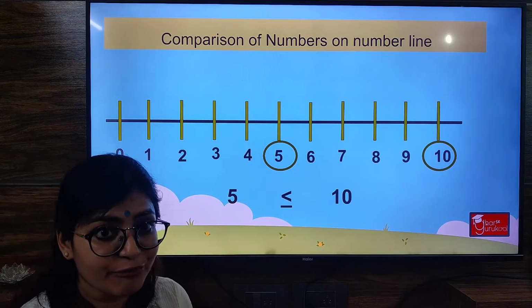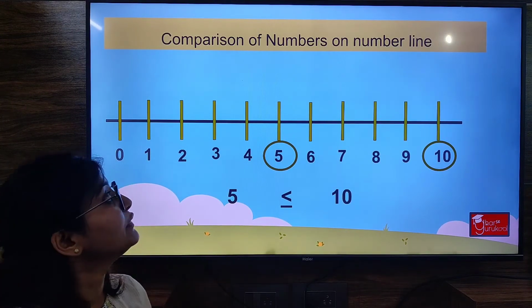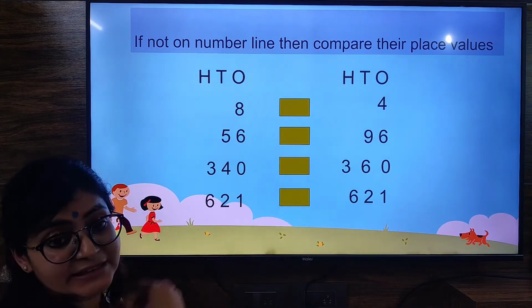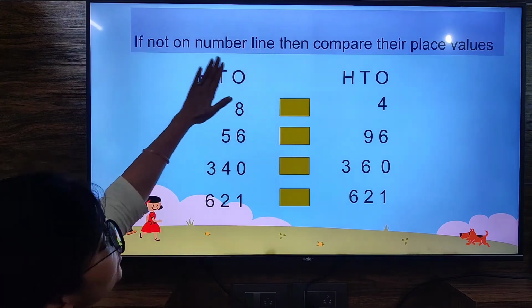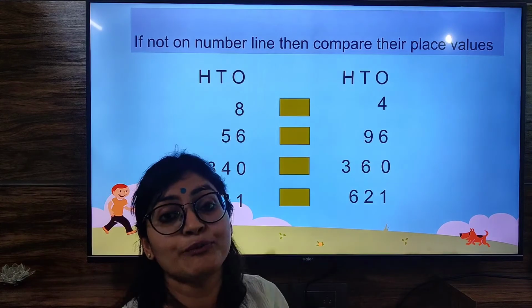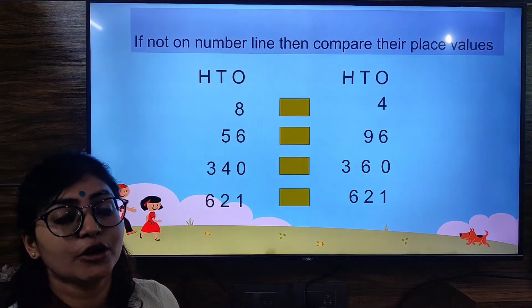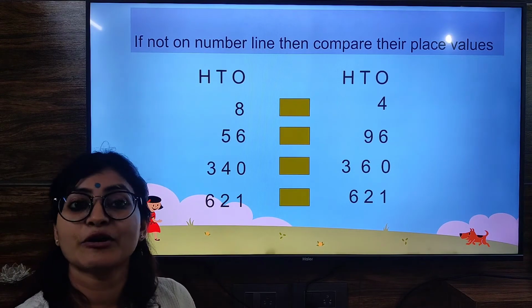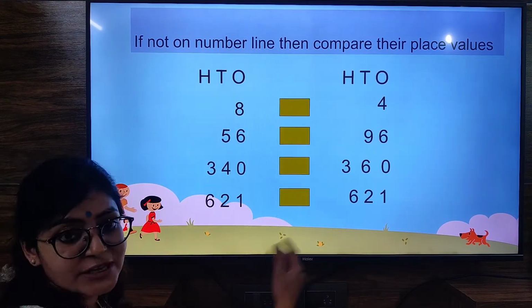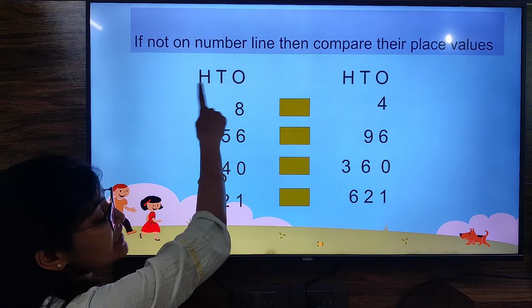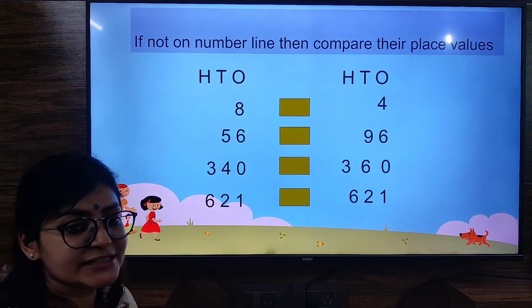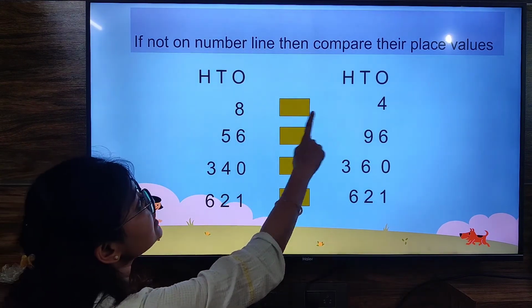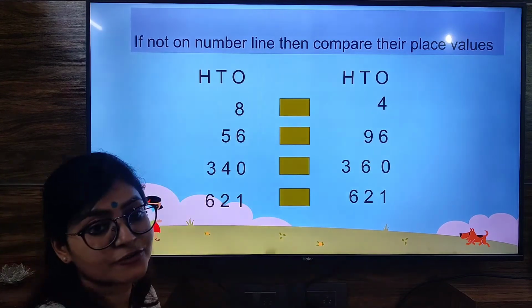Now if we have to compare the numbers without a number line, like this, if not on a number line, then compare their place values. If the numbers are not written on a number line, we have to compare them through their place values. So here we have some numbers and their place values are written. Let's compare them one by one. First we have 8 and 4.